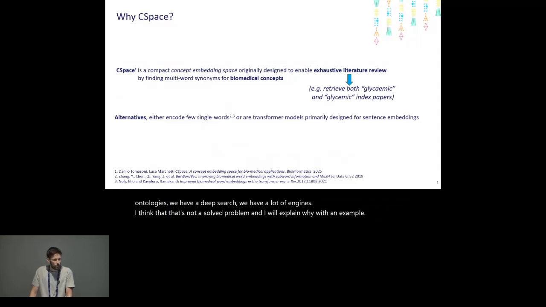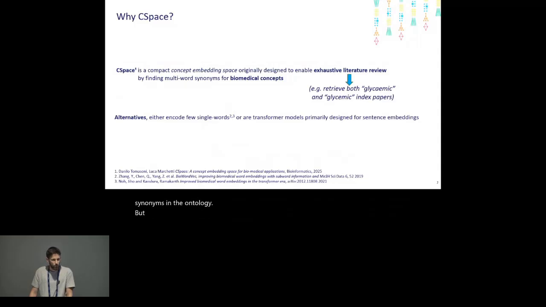Imagine you are interested in the glycemic index literature because you are going to build a model out of it. You may start typing in your engine glycemic index and some synonyms you may be aware of. If you have an ontology, you may look for synonyms in the ontology.